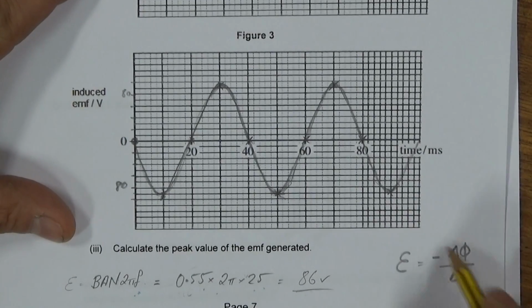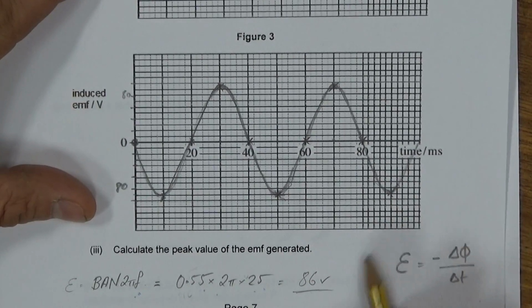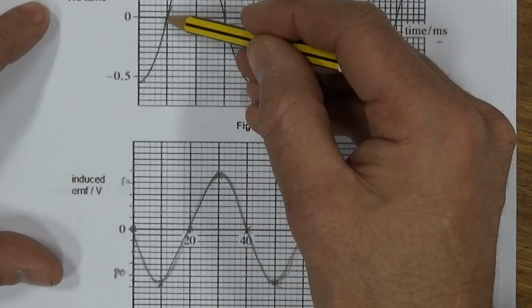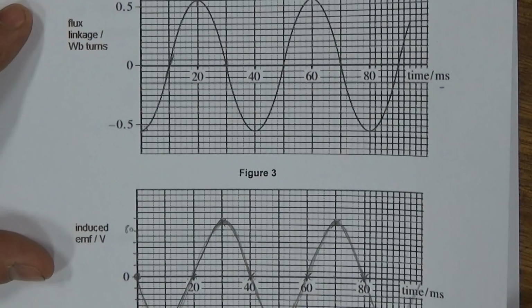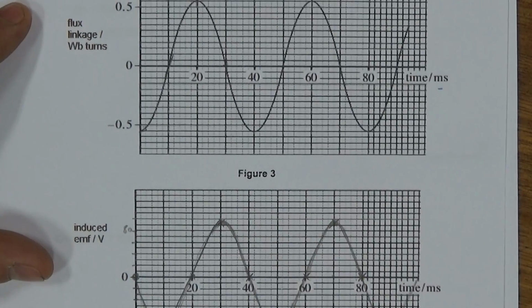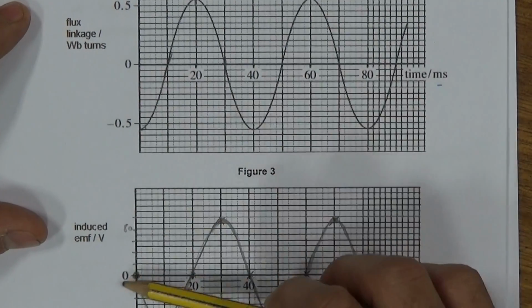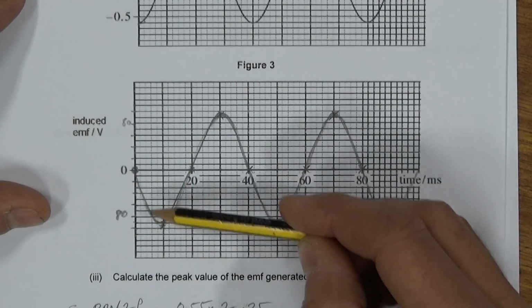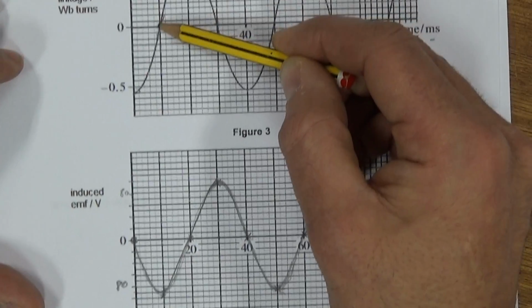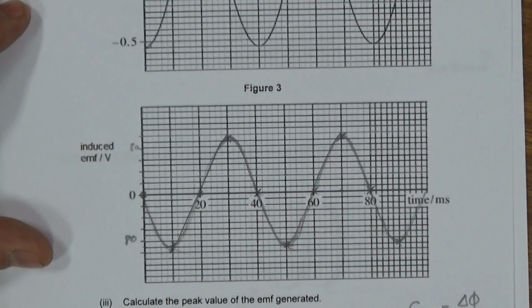And it's because it's opposed, it's to do with Lenz's law, isn't it? The fact it's opposing each other. So there you go, and that's maximum positive, that's minimum negative. And so you get this shape here. One mark, I think, is for getting these in the right place. The second mark, I think, would be for getting the fact that when this is a positive gradient up here, this is a negative value down there.